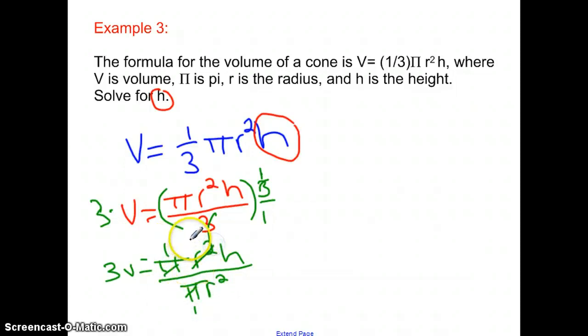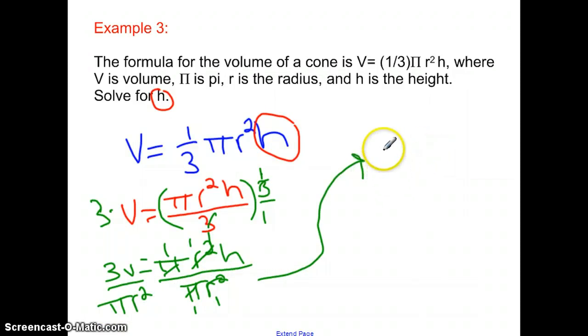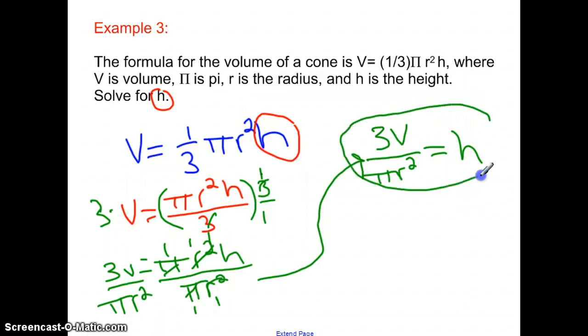R squared divided by r squared simplifies to 1. What you do to one side, you've got to do to the other. So when I rewrite this, we've got 3v over pi r squared equals h. And now we've got h by itself, and there's our final equation.